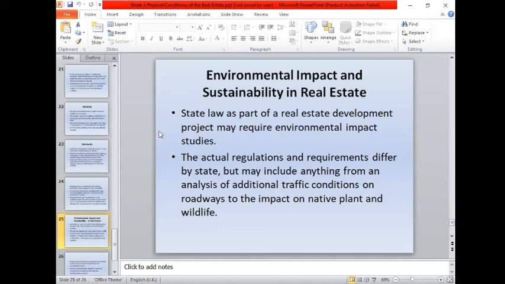So there are some laws, regulations or policies as a part of the development of real estate that require environmental impact studies before we develop a particular land.